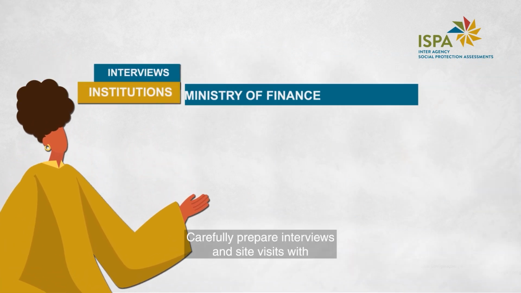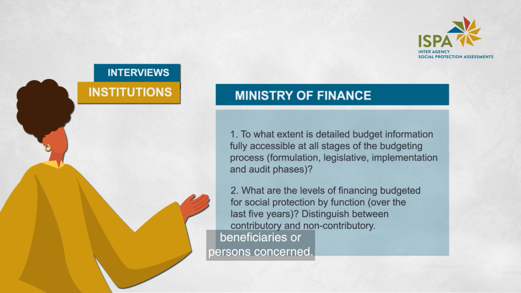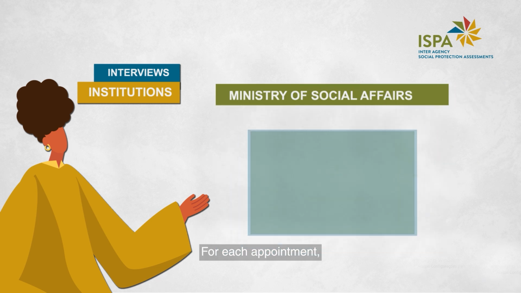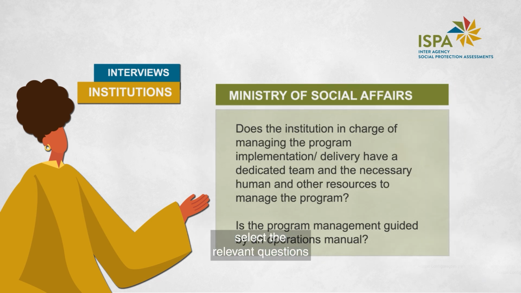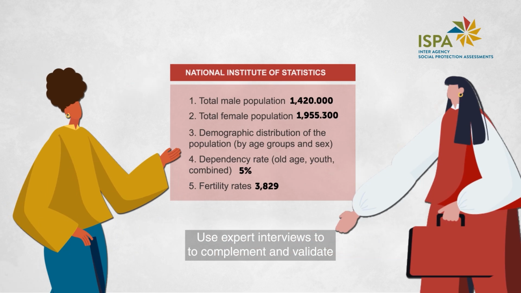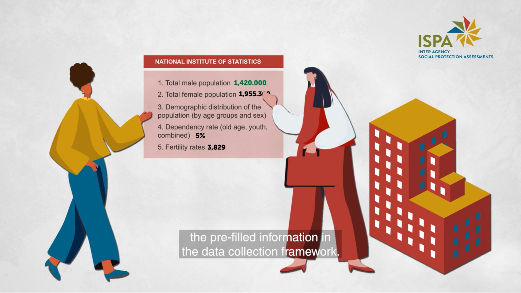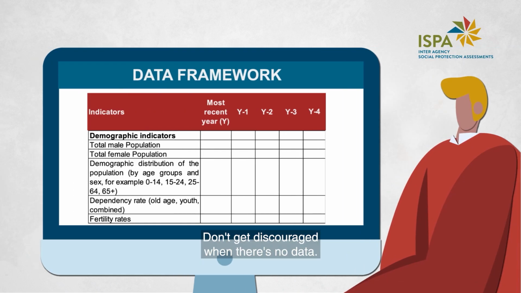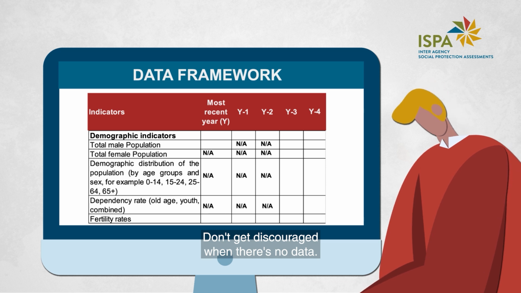Carefully prepare interviews and site visits with beneficiaries or persons concerned. For each appointment, select the relevant questions and the data you wish to obtain. Use expert interviews to complement and validate the pre-filled information in the data collection framework. Don't get discouraged when there's no data.